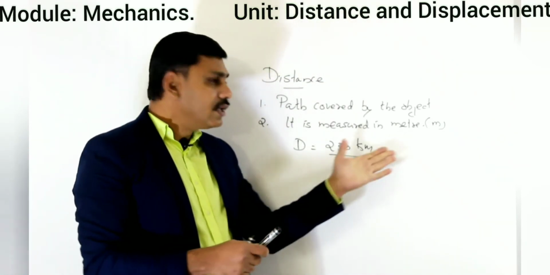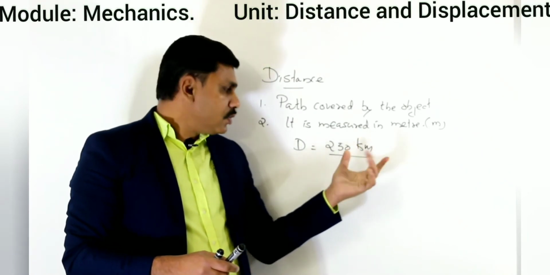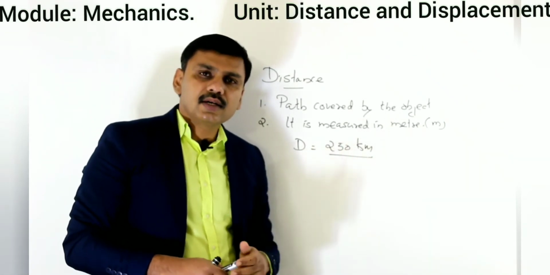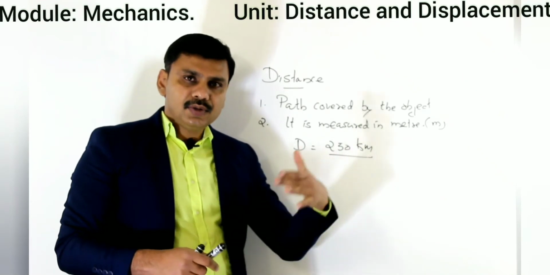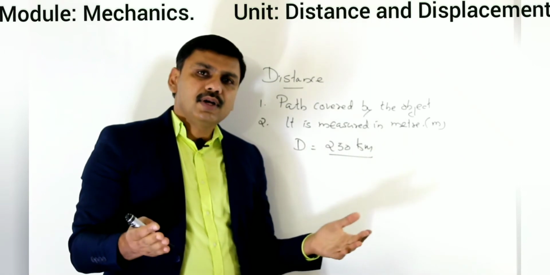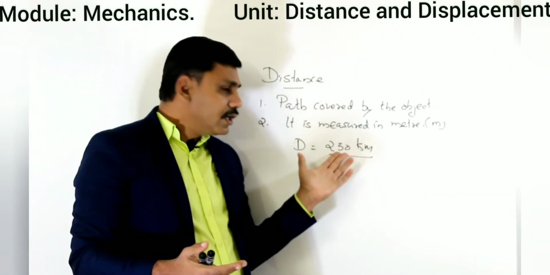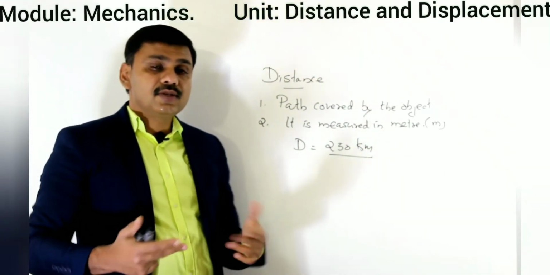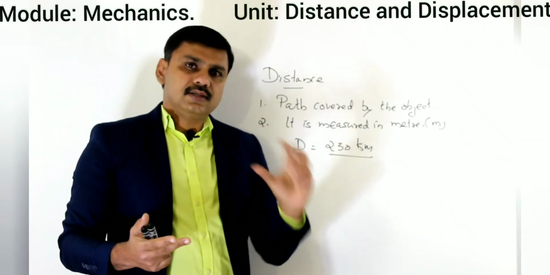If you take another path from Umtata to East London, the distance will be different, and the magnitudes will be different. So there is no need of saying direction when you study distance.